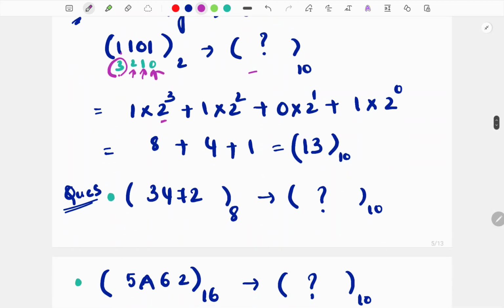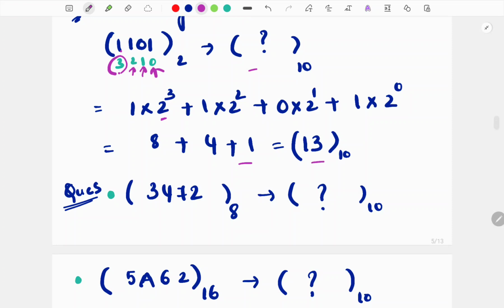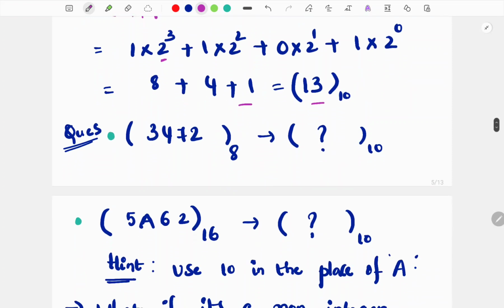So it is 8 plus 4 plus 1, it is 13 base 10. Similarly, you can convert octal to decimal, hexadecimal to decimal in the same way, multiplying the coefficient with the base to the power of its place.